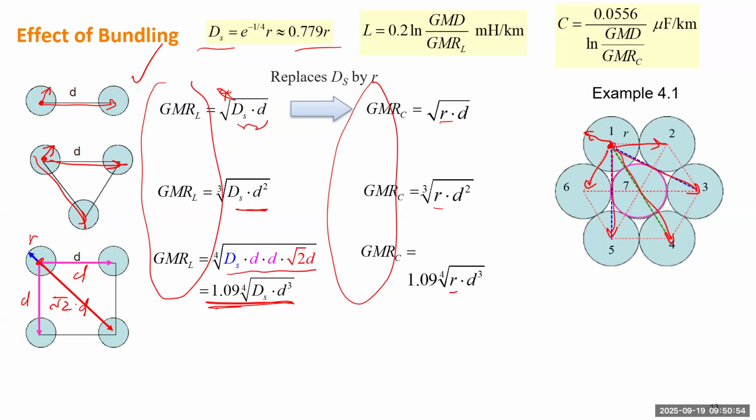That also includes number 7, so there are 7 items. The first one is the radius to itself. The next 6 are the distances to the centers of the other 6 conductors. That's only using the first conductor as reference. Then you can move to number 2, number 3, and up to 6.